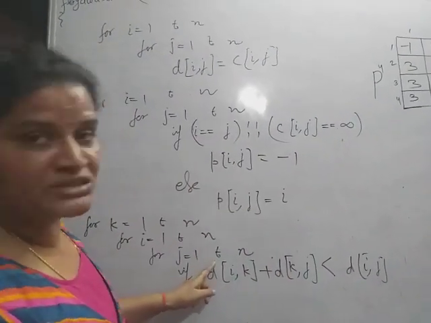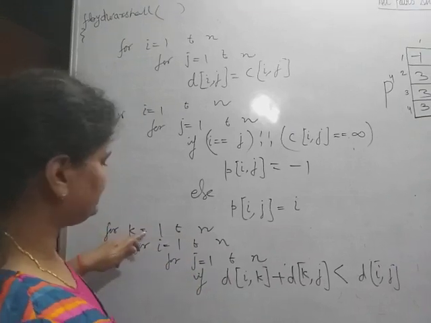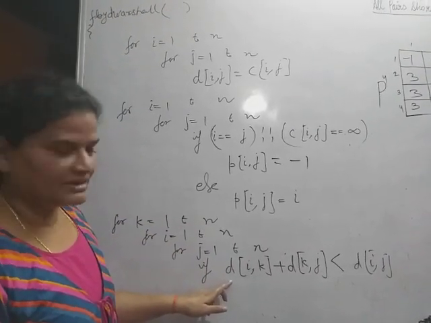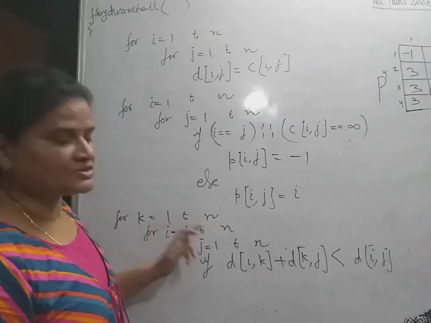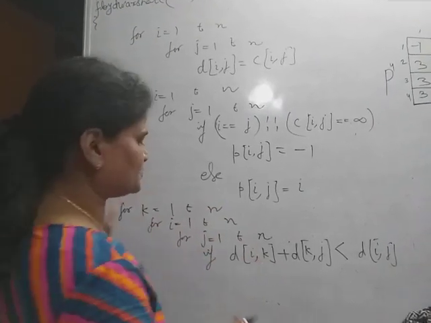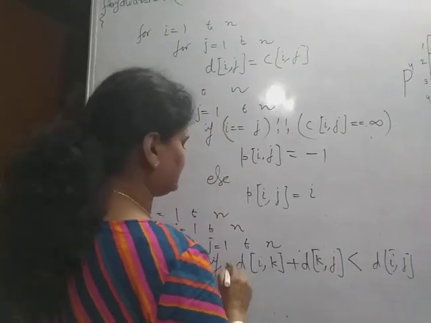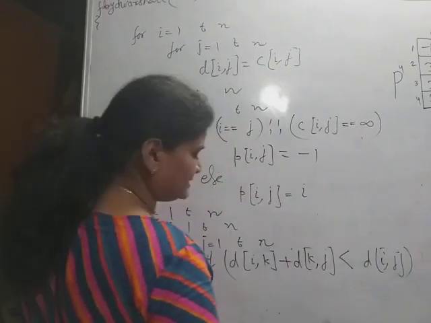Here I am not using the superscript, because automatically when the value of k is 1, this is computing D1, and when the value of k is 2, this is computing D2 and so on. So if Dik plus Dkj is less than Dij, then update Dij.